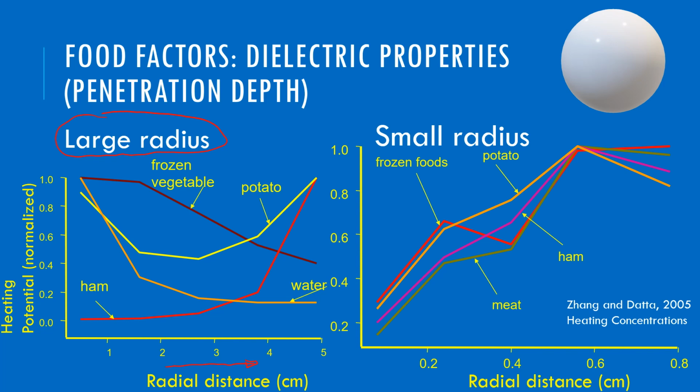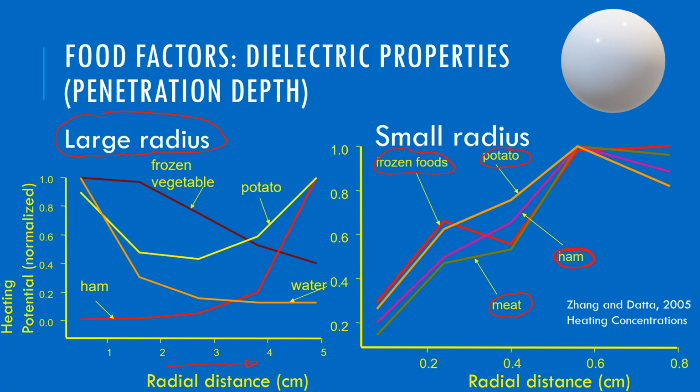For the small radius, you can see the effect of dielectric properties brought in through different materials that have very different properties. Frozen foods are the least microwave absorbing, and then something like ham that has quite a bit of salt is very highly microwave absorbing. So it covers a big range of dielectric properties.